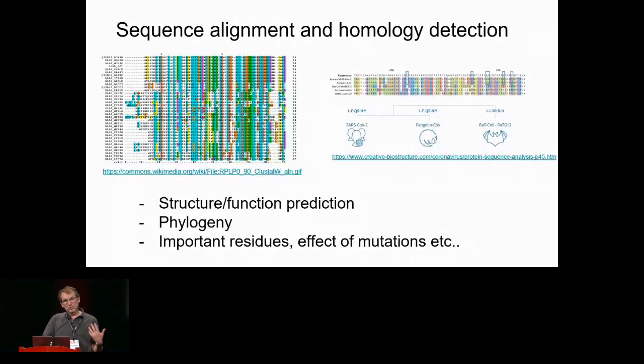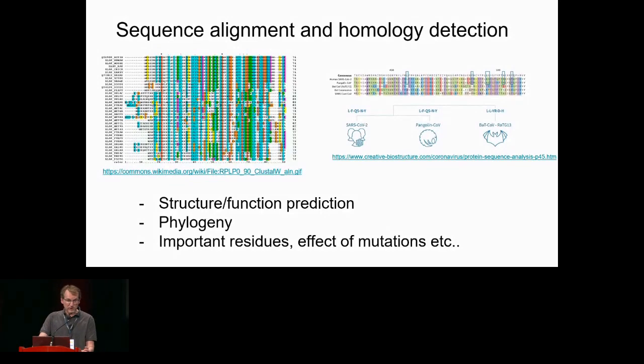And we know that if we're able to collect protein sequences by sequencing, and we're able to align them to other ones, then it's very useful for a variety of tasks, including guessing the structure or the function of a protein. Like if you do metagenomics, you may collect new proteins and you want to know what they do. The best way is then to compare them, in your databases, to proteins with known functions. And if there's a match, you could say, well, probably the function is the same.